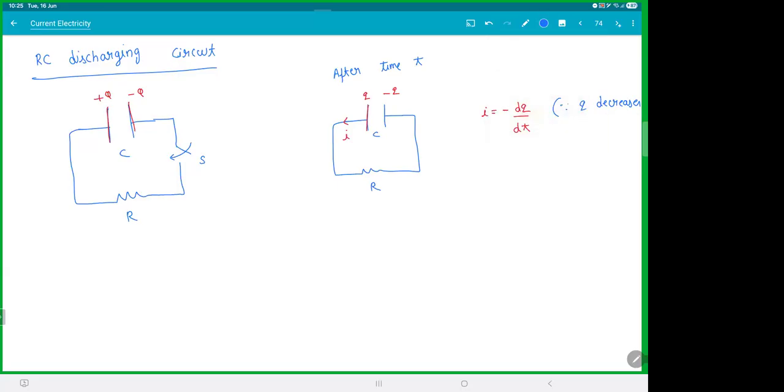Apply Kirchhoff's law, same story. So this would be minus IR plus q by C is equal to 0. This would be dq by dt is equal to minus q by RC. Integrate this.